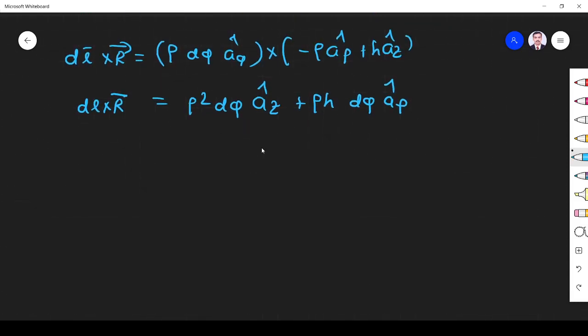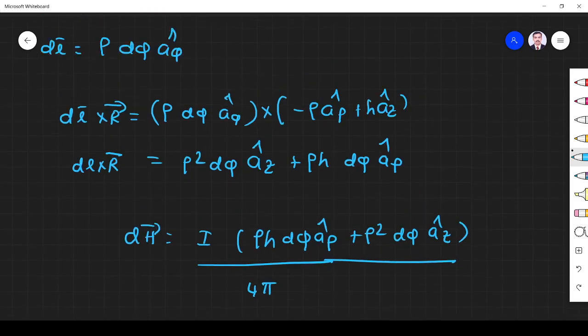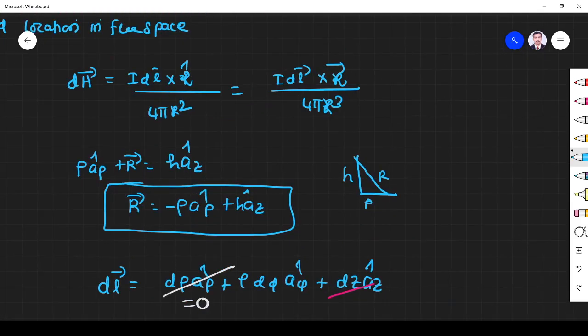So now we got DL cross R. So what is my DH? DH is equal to I DL cross R, where DL cross R is given by rho h d phi A rho plus rho squared d phi AZ, right? Divided by 4 pi R cube, right? What is R? Where is my R? This is my R. So what is mod R?